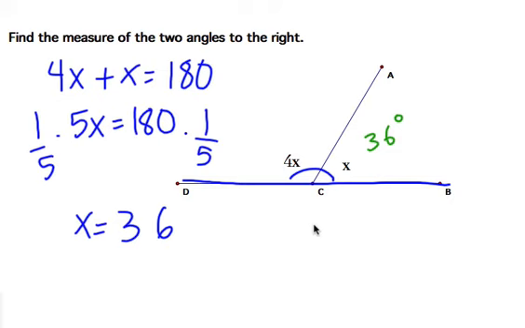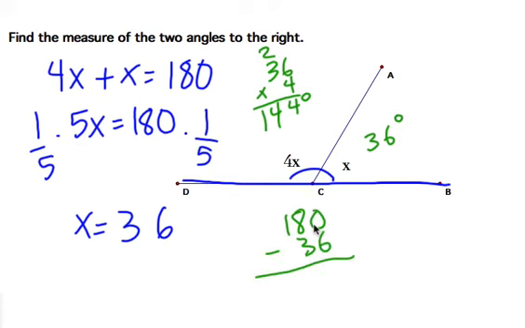And then you can either do 36 times 4 to get this part, 144, or you could have done 180 minus 36, because remember they have to add up to 180. You also got 144. Now, it's also not a bad idea to do both, because obviously if you get different answers, you might have done it wrong. So this was helpful to do both, because then we can see if we made any mistakes.